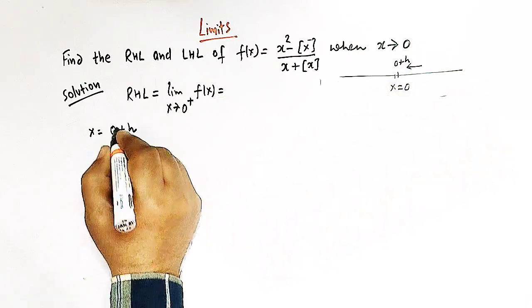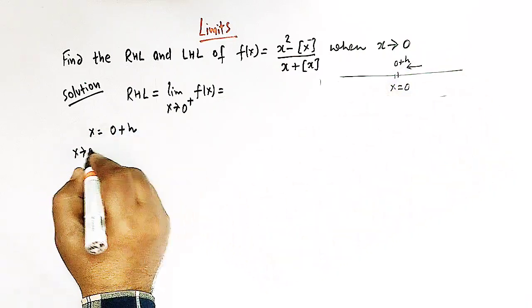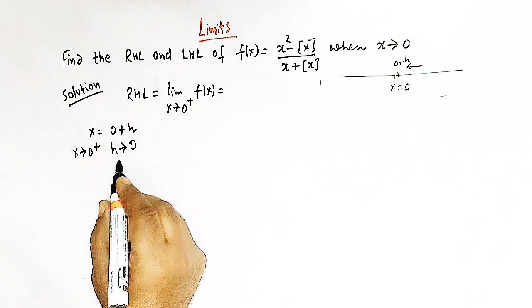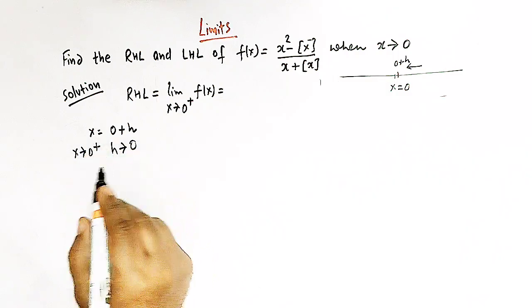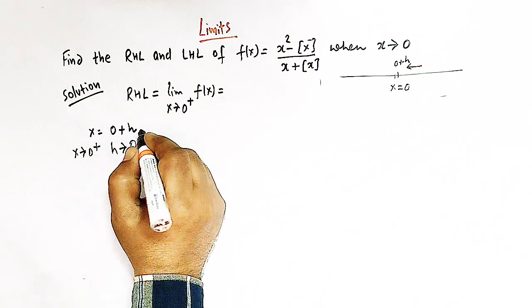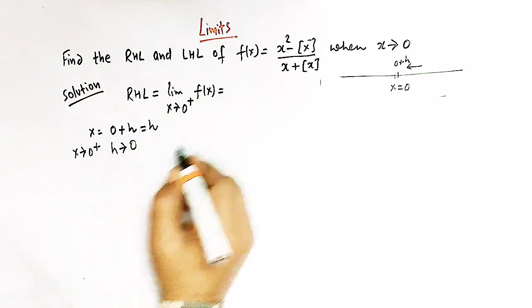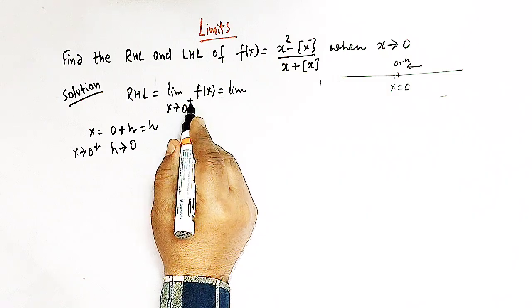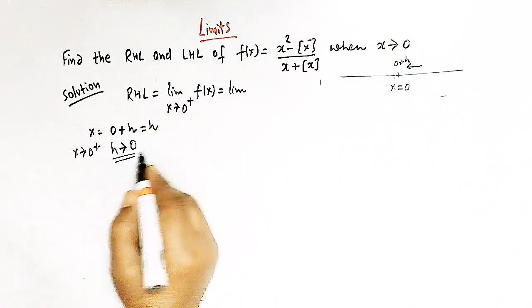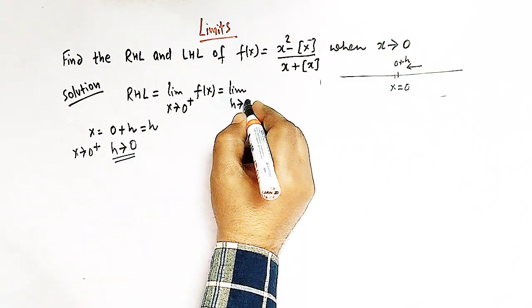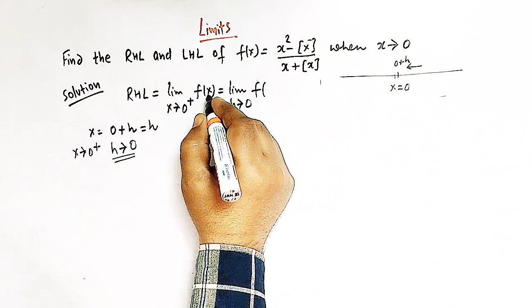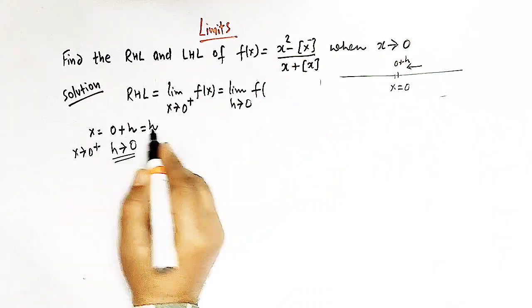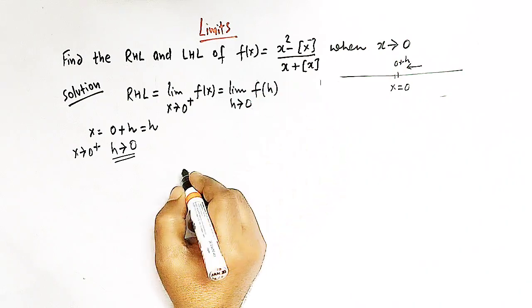And here when x tends to 0, then h also tends to 0. So now we can take x is equal to 0 plus h, that is simply h. So now we have limit when x tends to 0 positive, then we have h tending to 0, and here we have f of x is 0 plus h, that is h. So here we have f of h.